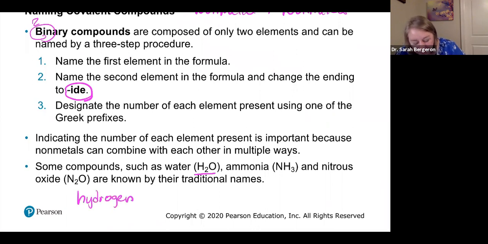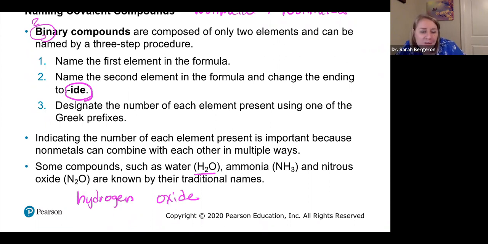Name the second element in the formula and change the ending to IDE. So this is oxide. And now I need to designate the number of each element present using one of the Greek prefixes. Greek prefixes are mono, di, tri, all those. And I'll give you a list. I think your textbook gives you a list.